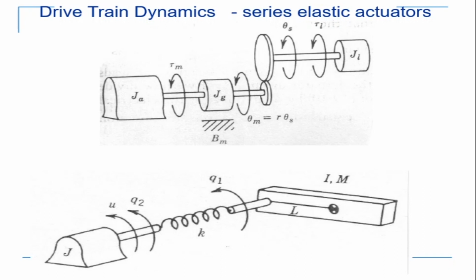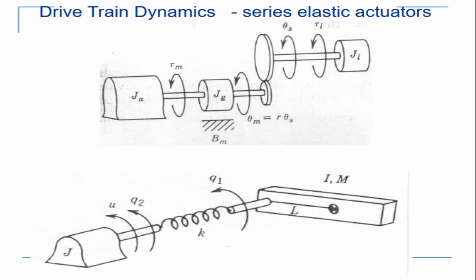Now, in whatever we have done so far, we have made the assumption that the links are rigid, and the shafts in the motor too. The rotor of the motor is connected to the gear by a shaft.